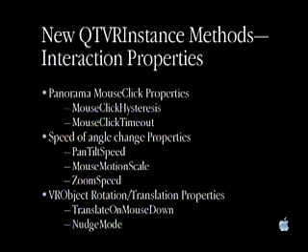Similarly, for VR objects, you have a mouse motion scale, which allows you to change the number of pixels the user must move the mouse in order to rotate the object. And also we have a getter and setter for zoom speed. You can change the zoom speed, which is the zoom in on the z-axis.